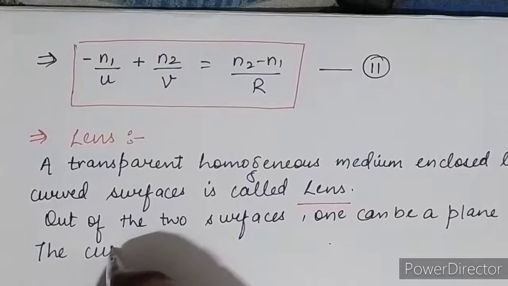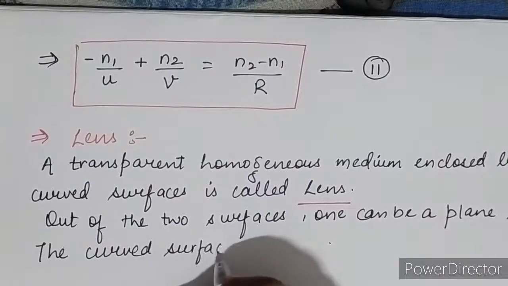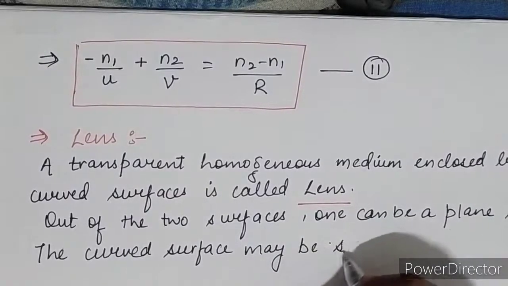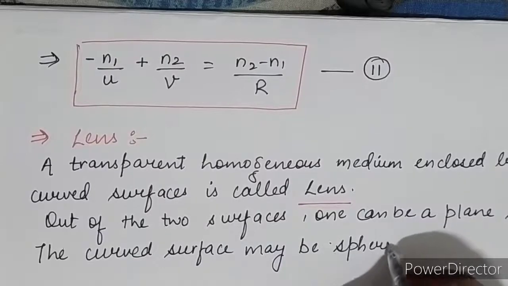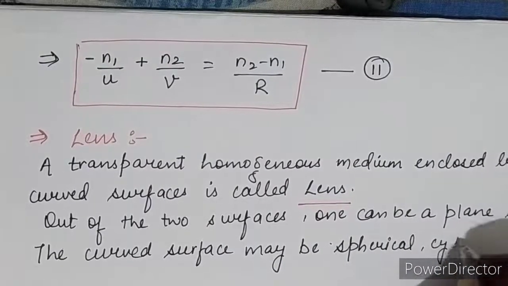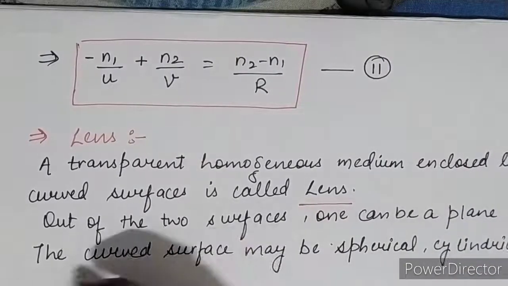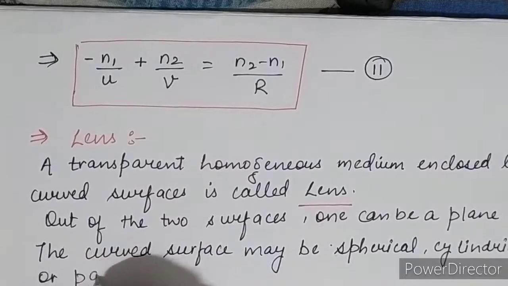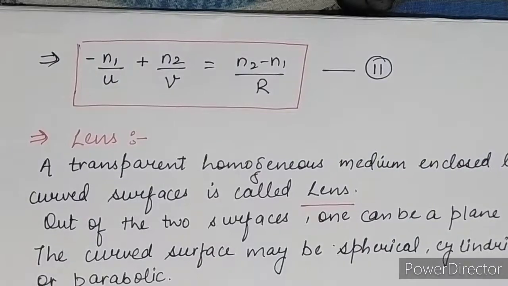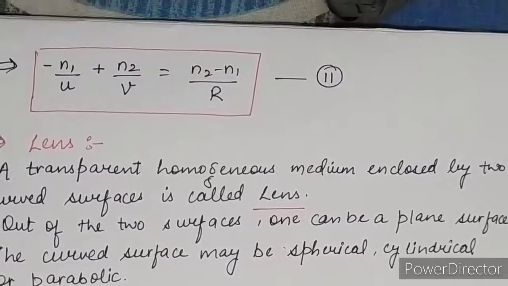The curved surface may be spherical, cylindrical, or parabolic. Okay, clear beta?